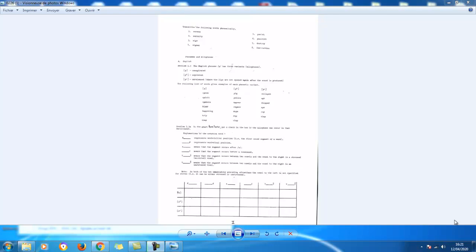This L can be pronounced by native speakers as clear or dark according to some rules that native speakers know unconsciously. So no need to go back to explain this because you are supposed to know this and we have already explained it.